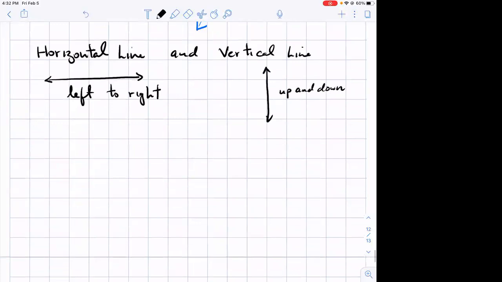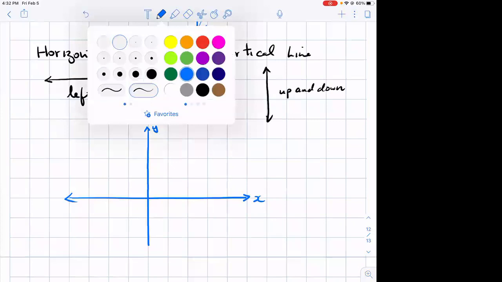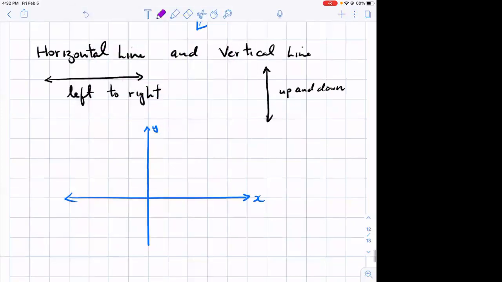So when you draw on the xy axis a horizontal line, any horizontal line, realistically that horizontal line will be crossing the y-axis, right? If I draw the horizontal line here, okay, because it crosses the y-axis, the equation of that line will be y equals wherever it crossed there.